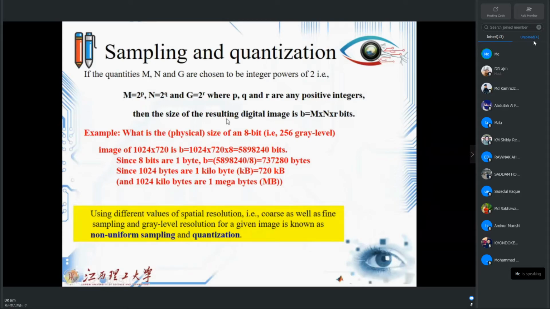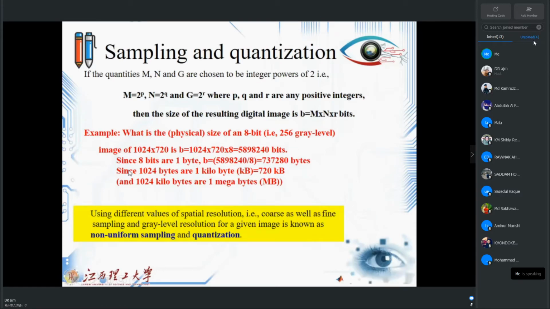Let us have an exercise with this. Suppose we want the size of an 8-bit image. As you know, it has 256 gray levels. We can take an image of 1024 multiplied by 720, and the value is this many bits.